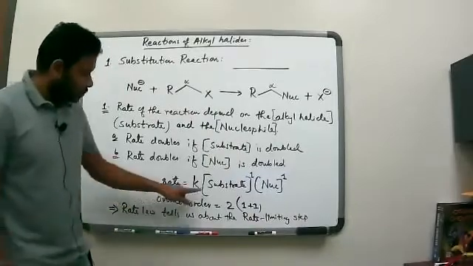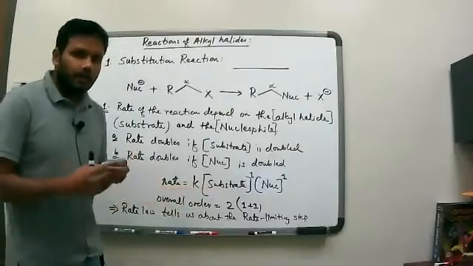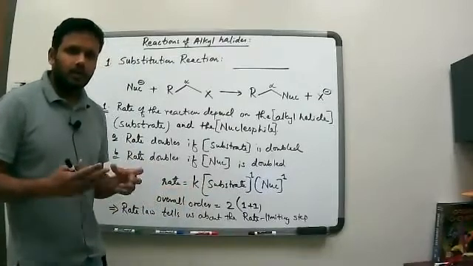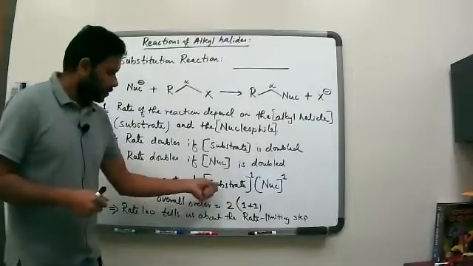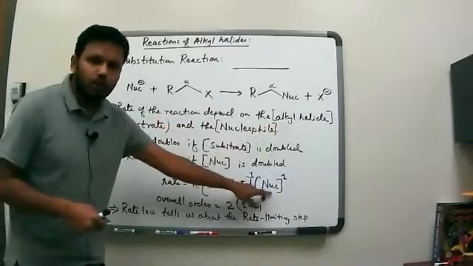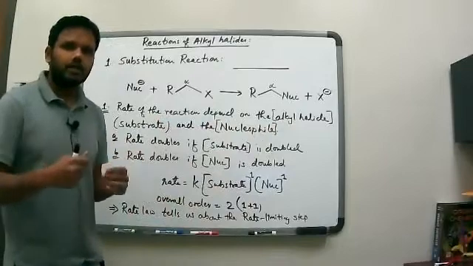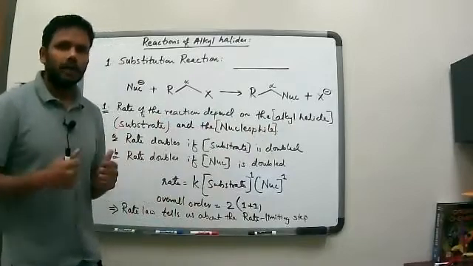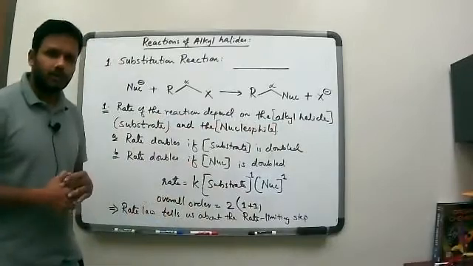So what this rate law is telling us is that in the rate limiting step of the reaction, or the rate determining step, both substrate, which is the alkyl halide, and the nucleophile must be present, and they are interacting with each other in that particular step.